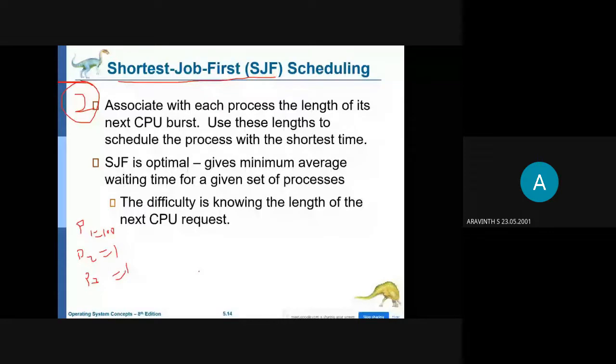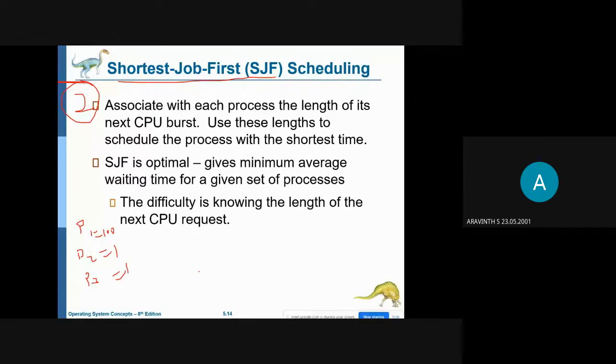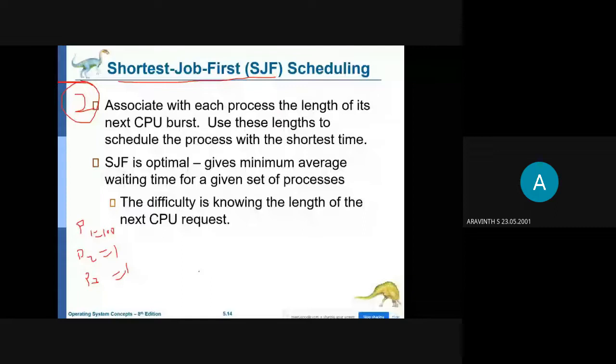When process P1 comes, it will run 100 seconds in the CPU, but processes P2 and P3 need to execute only 1 second. Because of that, they need to wait for 100 seconds while P1 executes. After 100 seconds, P2 and P3 will be executed.